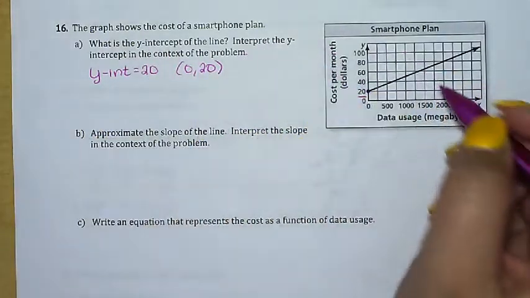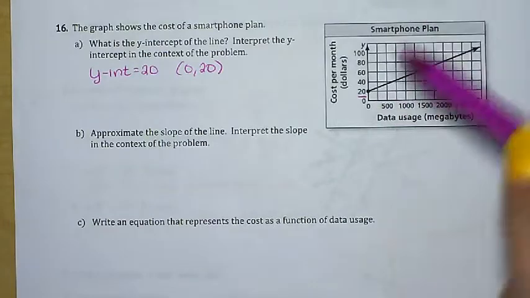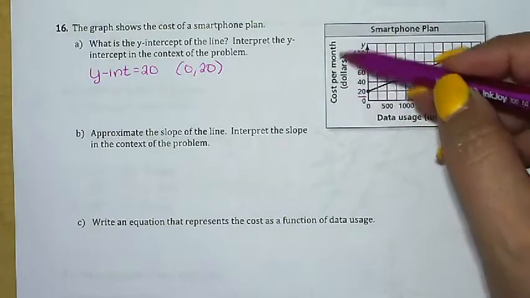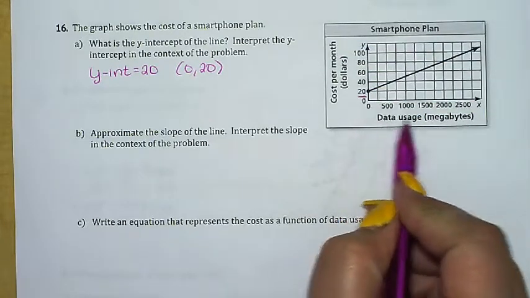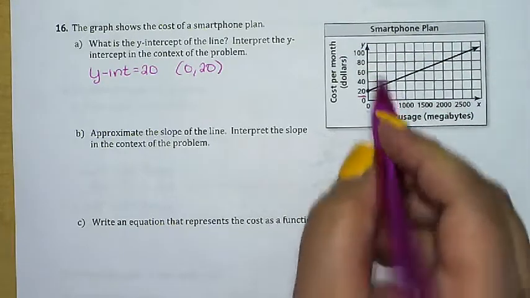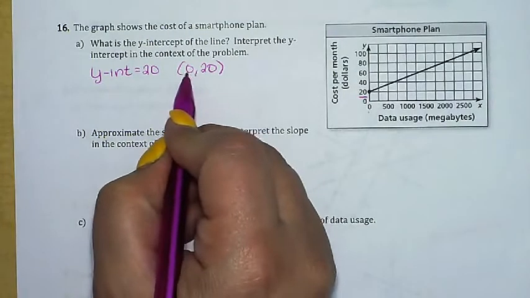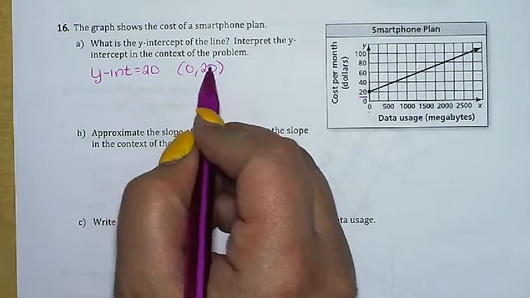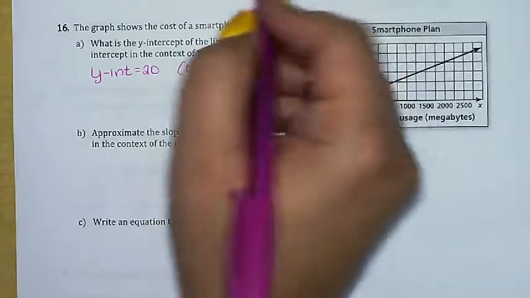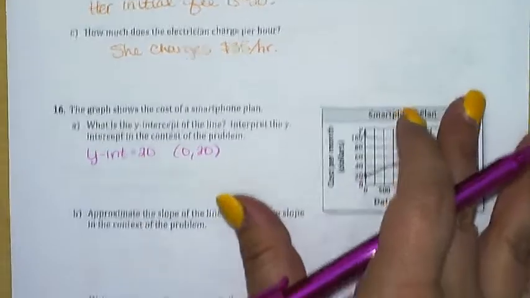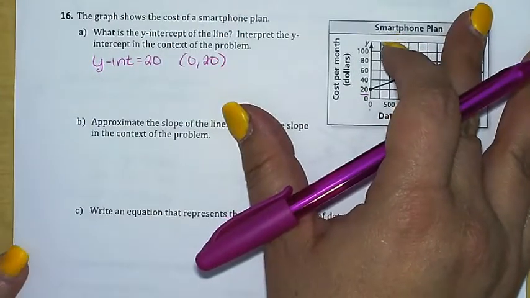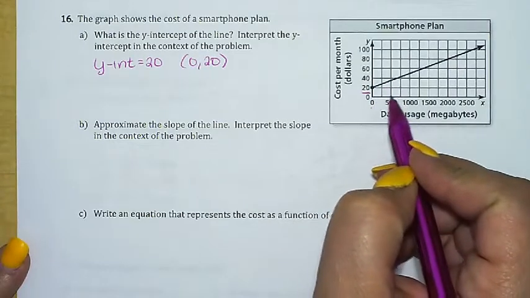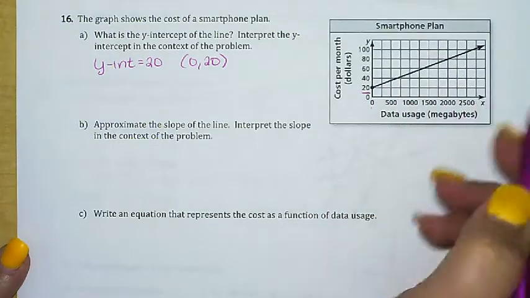To interpret it, I want to talk about what that means in this context. Well, it's the cost that we have to pay per month when our data usage is 0. So think about that ordered pair, right? Again, the ordered pair helps. When the data usage is 0, the cost is $20 per month. So it sounds like what we did just now up here, that's kind of an initial cost or fee that is charged before they even start to add the data that you've used, right?